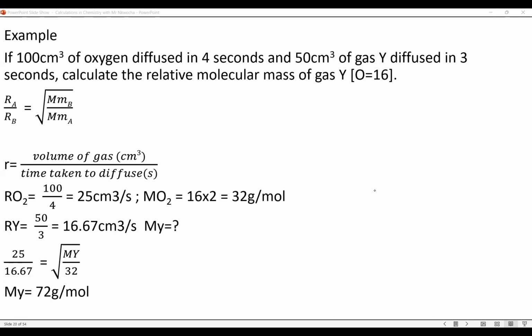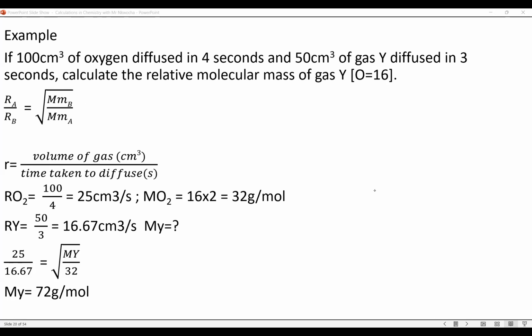That may sound quite right, but have you considered their volume? You see? So you have to be very smart. In the exam, it's not everything you just go ahead and solve. You can check: if 100 cm cube of the gas diffused in 4 seconds, and the other one only 50 could diffuse completely in 3, that means it's slow.